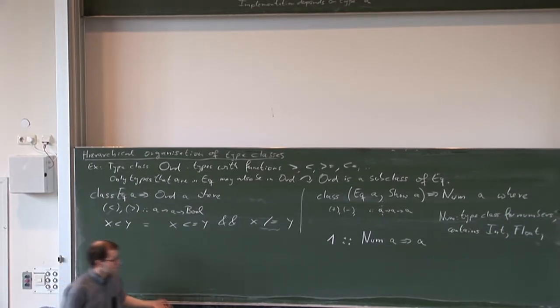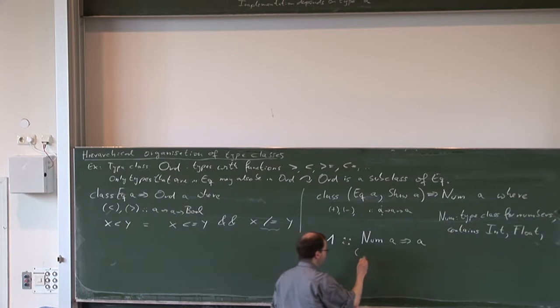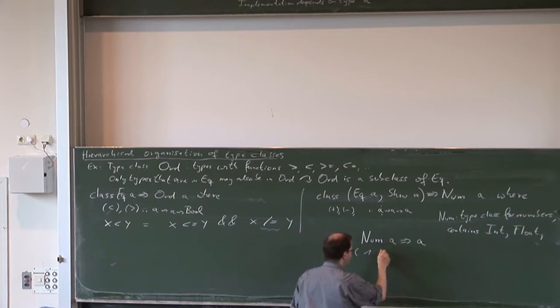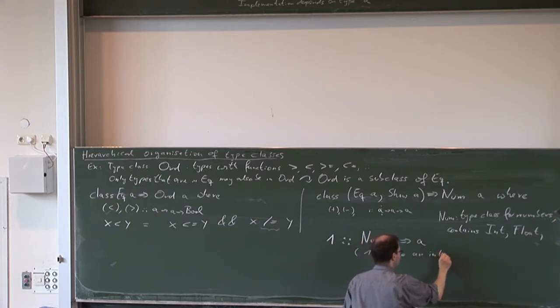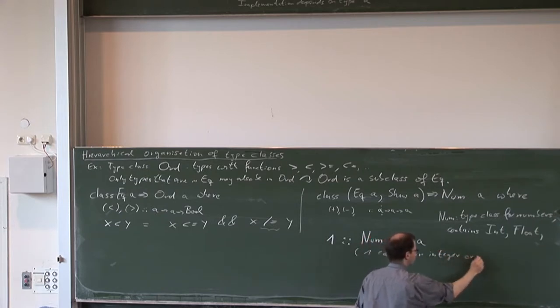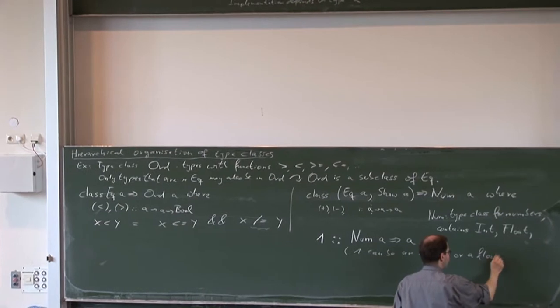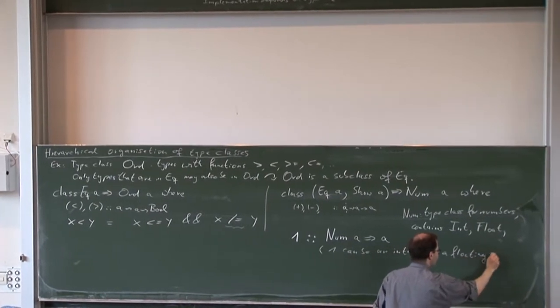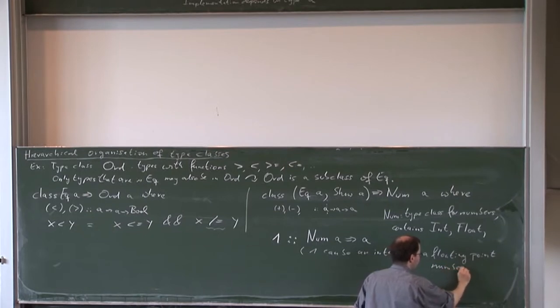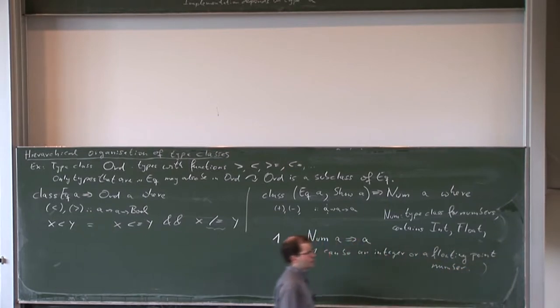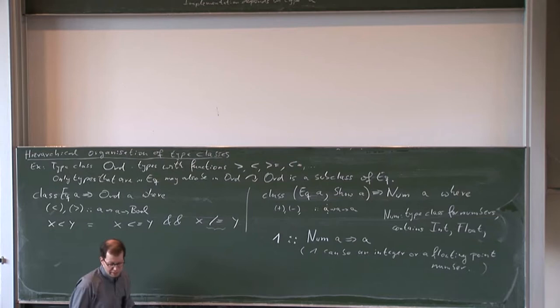So this means 1 can be both an integer or a floating point number. And there are some more predefined type classes, but of course you can also define type classes yourself.